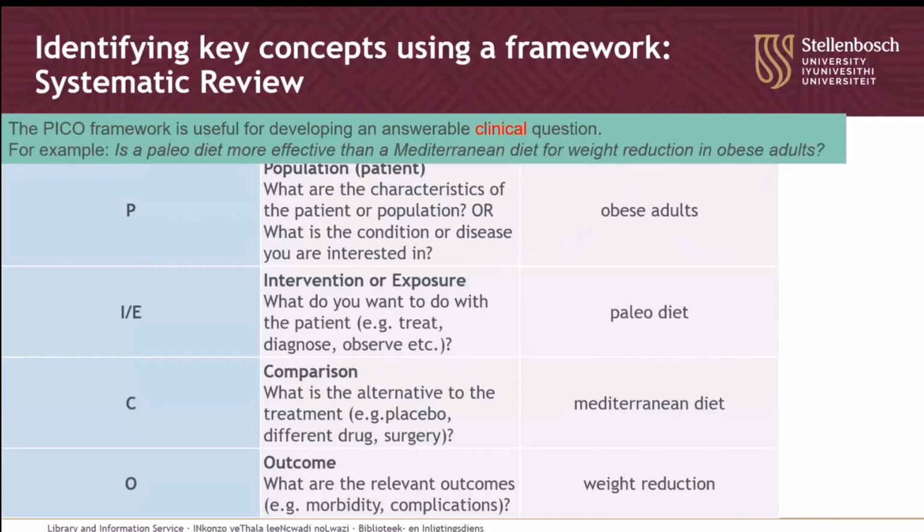And what is the outcome? What is it that we want to get out of this research? We want to see if there is any weight reduction in the obese adults. So it becomes clear that we can flesh out from our research topic what we want to do and what we look at.